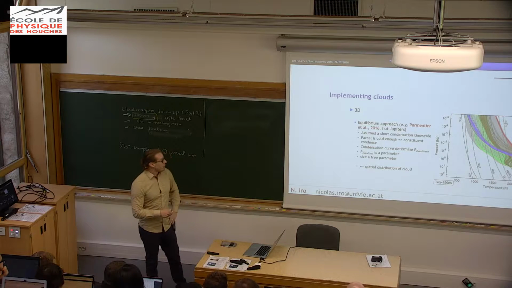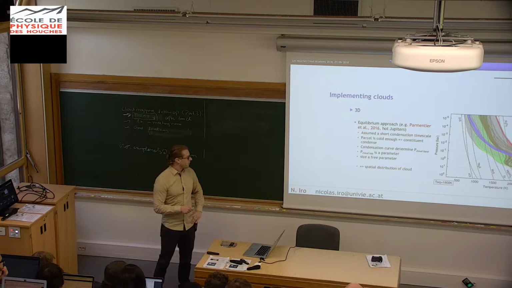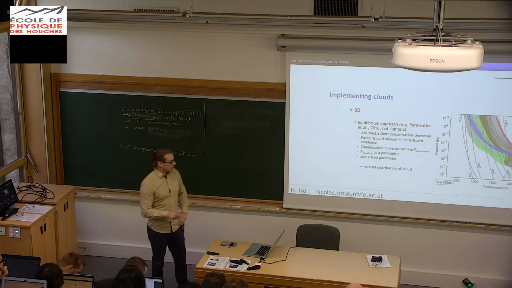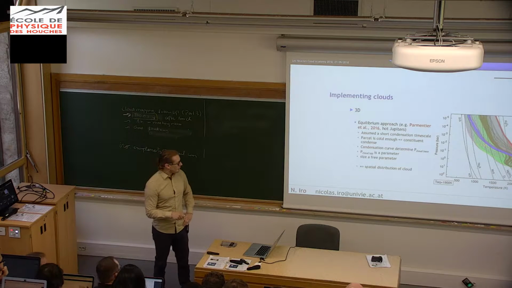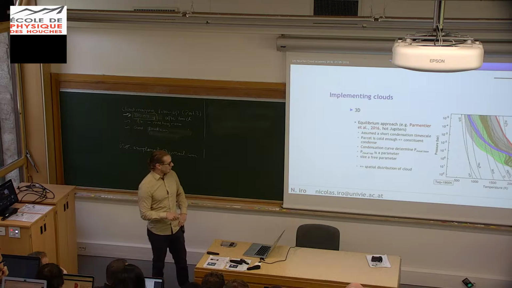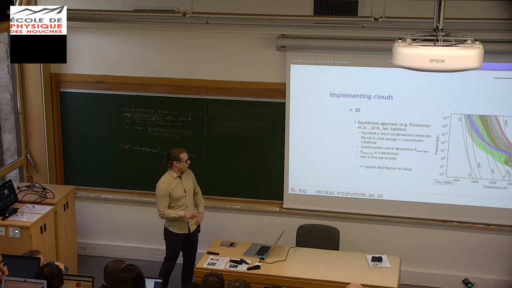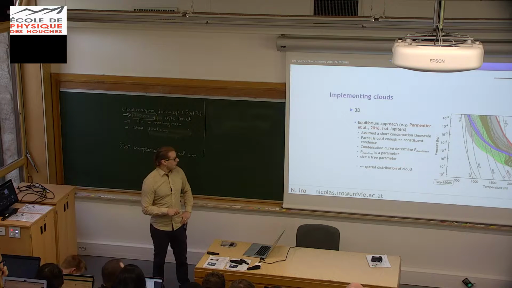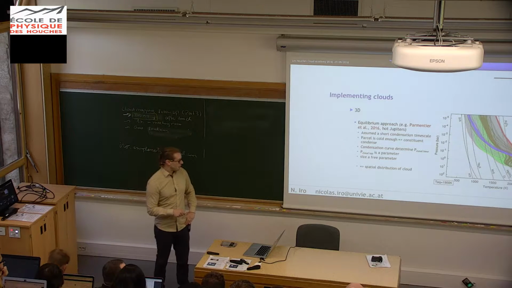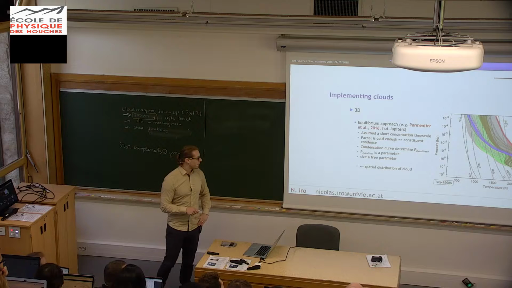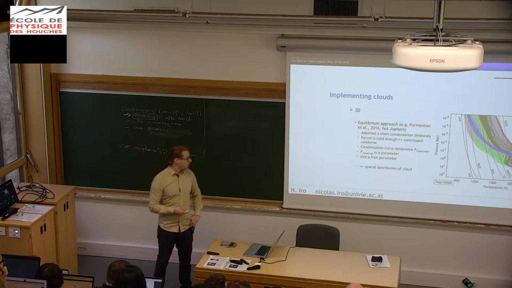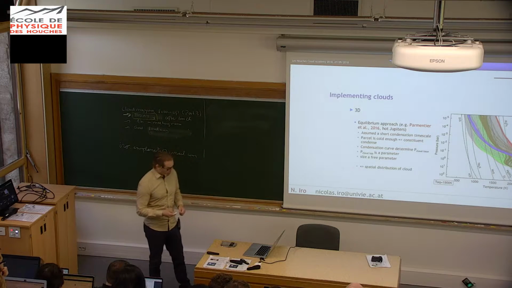So the simple approach is an equilibrium approach. You calculate your temperature structure, and if you cross a condensation curve, then from that point upward you're condensing cloud. The top of the cloud and the size of the particles are parameterized in this model, but that gives you an idea of the spatial distribution of clouds.